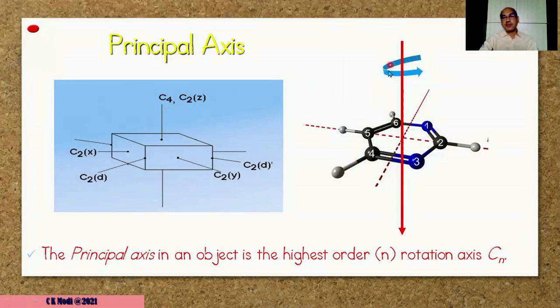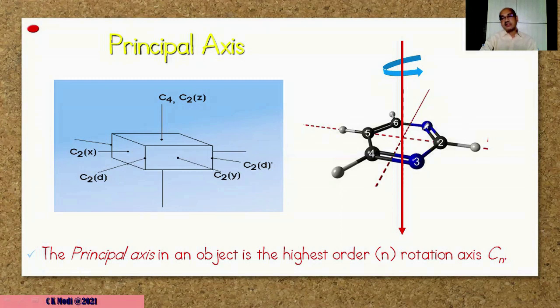Now, in the benzene molecule, previously I was discussing the benzene molecule. If we pass the imaginary line through the center, and if I rotate it by 60 degrees, after 60 degrees, all these 6 carbons, 1, 2, 3, 4, 5, 6, interchange their positions. Therefore, it is called C6. Along with it, a number of C2s are also present. If I pass this axis, look at this dotted line, and rotate it by 180 degrees, what will happen?